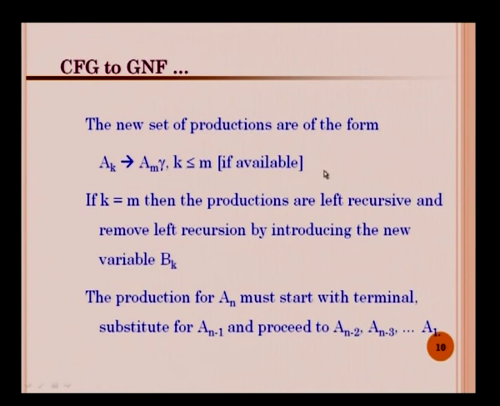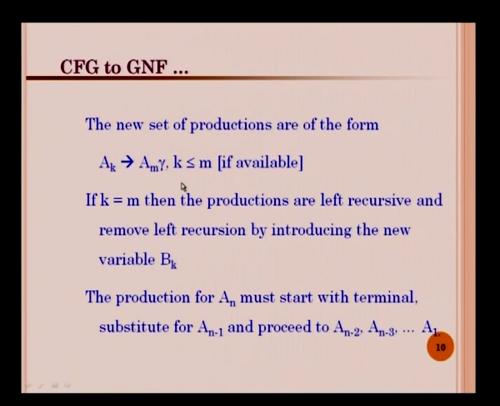That is one format of the production, and where k is equal to m is also possible. As long as we find that Ak is deriving Am gamma, where k is less than m, it is fine. But if we find that k is equal to m, then the productions are going to be left recursive. The situation is going to be Ak derives Ak gamma, which is a left recursive production.